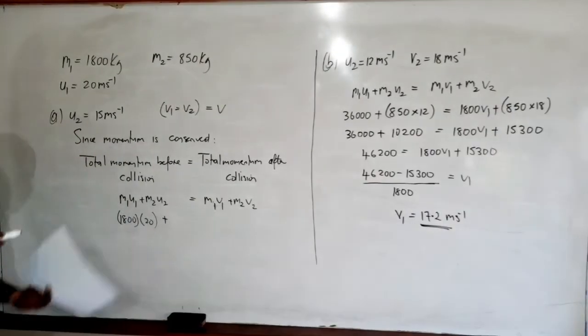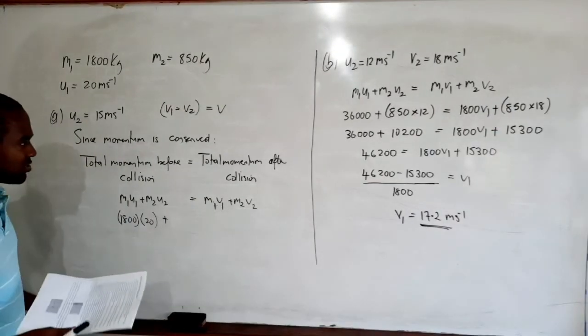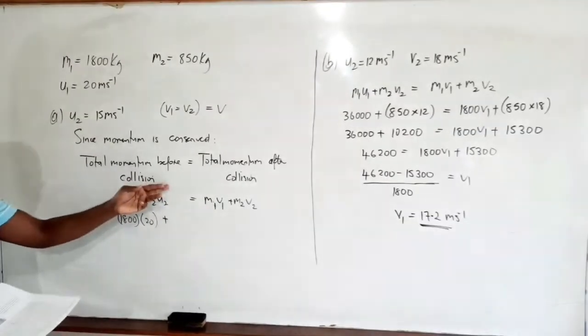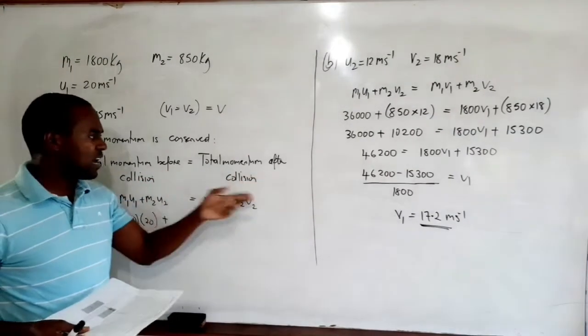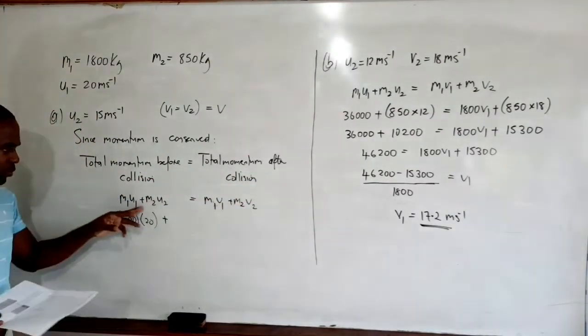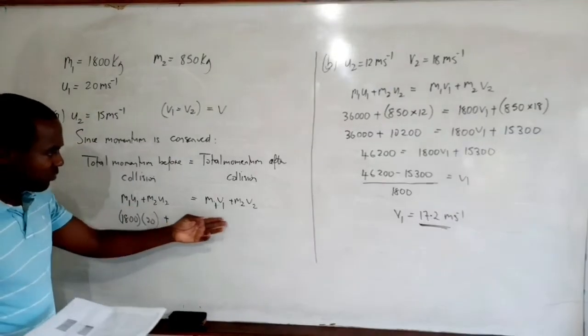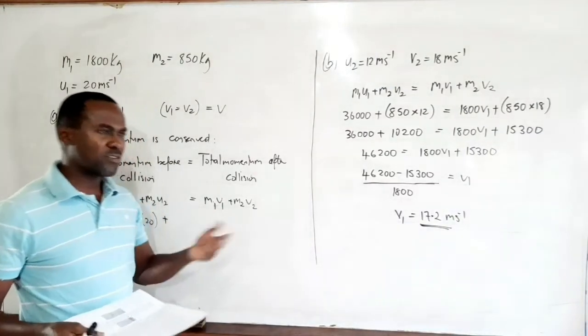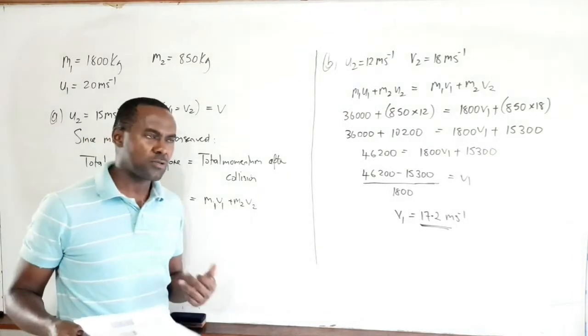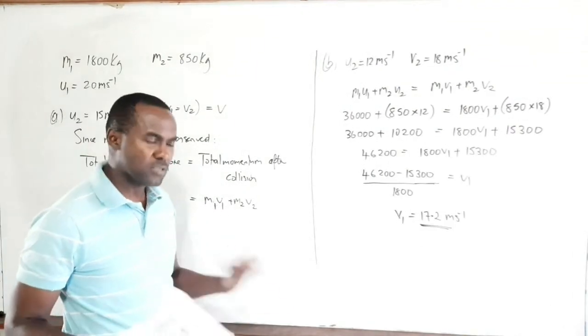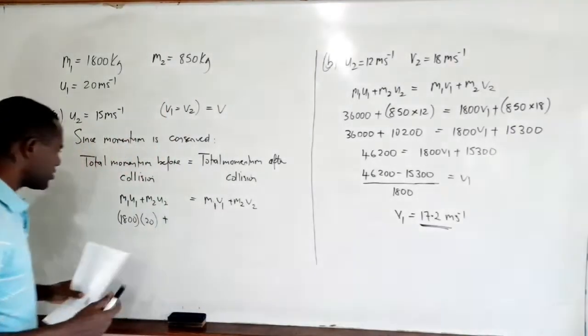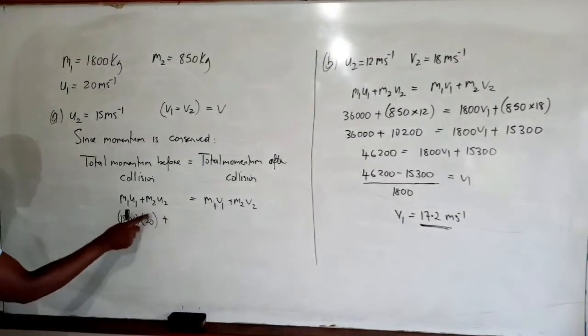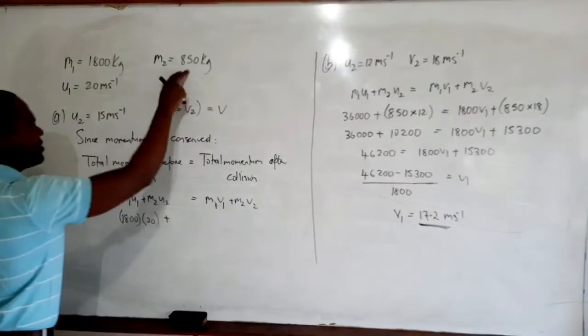So once again, momentum is conserved, and the total momentum before the collision is equal to the total momentum after the collision. So M1U1 plus M2U2 equals M1V1 plus M2V2. That's our standard form of the equation which governs the principle of conservation of momentum, right? And so once again, this is 1800 times 20, plus 850 times 15 for the smart car.